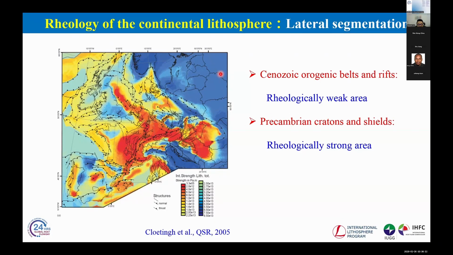So we can say in plane view, for different tectonic units like the orogenic belts or the cratons, the rheology is quite different. We call this phenomenon the lateral segmentation. So the vertical stratification and the lateral segmentation are the two basic characteristics of the continental lithosphere.